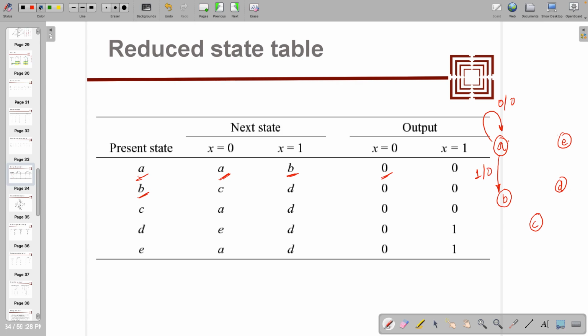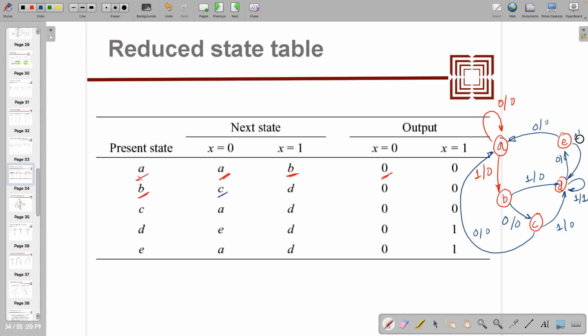For the case of B, when x equal to 0, it goes to C with output equal to 0, B to D when 1/0, C to A when 0/0, C to D when 1/0, D to E when 0/0, D to D it's 1/1, E to A it's 0/0, and E to D it's 1/1, right? So something like this. Okay.